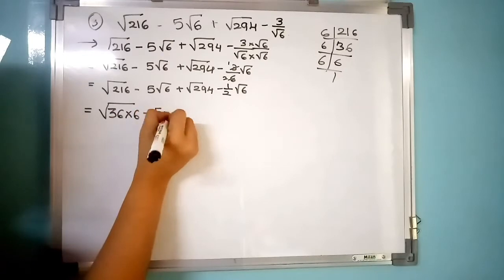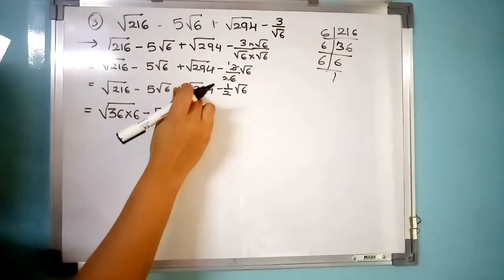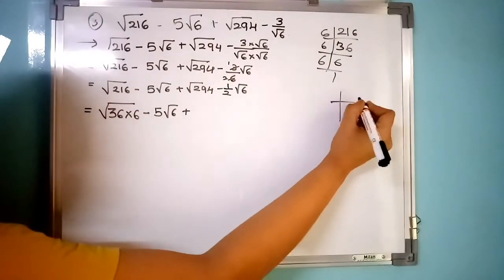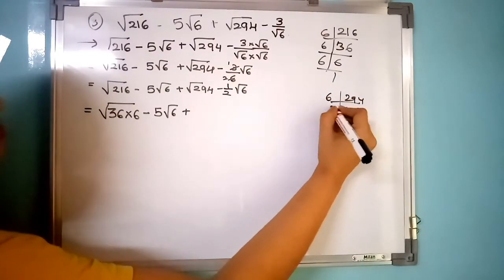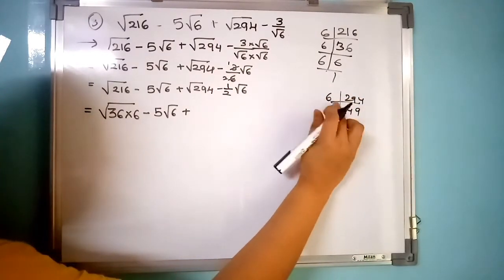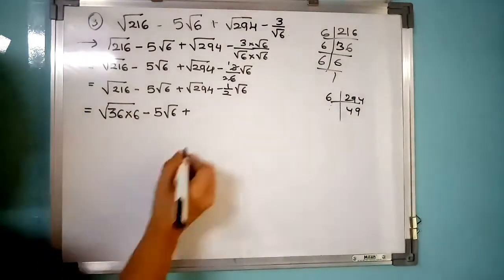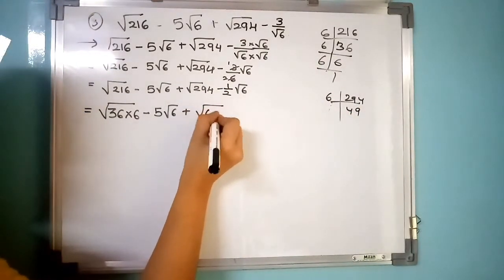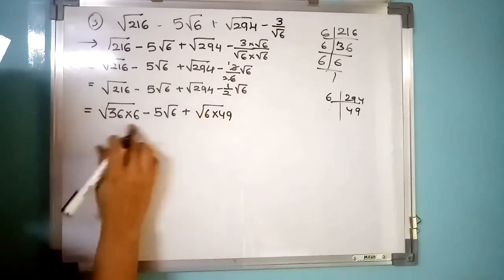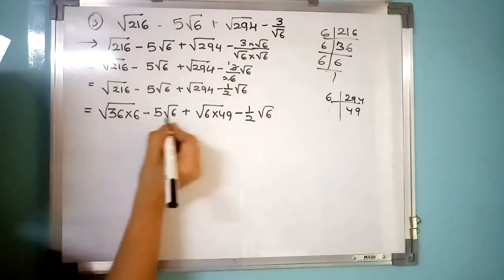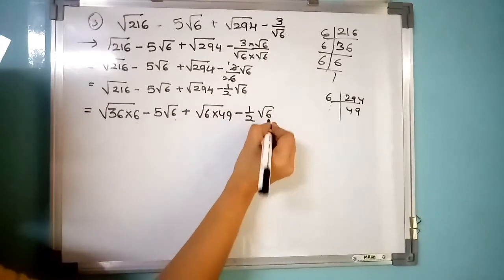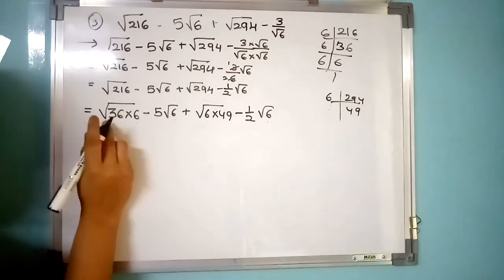Product form is 36 into 6. Similarly for 294, the product form is 6 into 49. Now one can see that there are hidden square numbers and having root 6 as common factor.